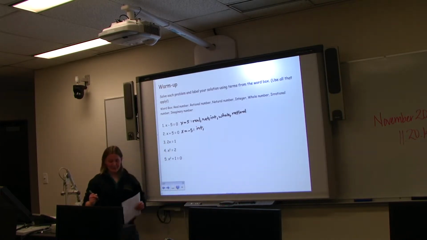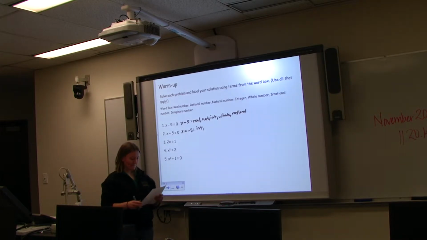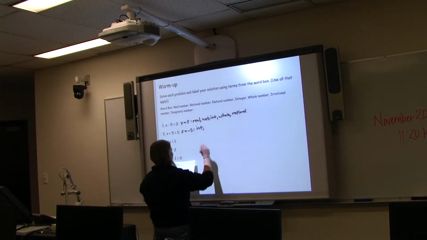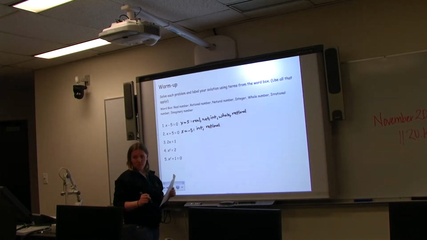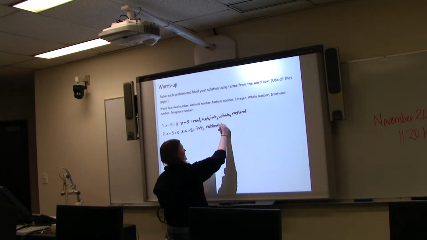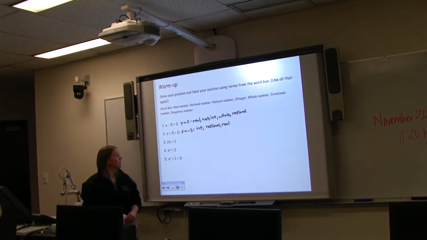Anything else? Whole number. It's actually not a whole number, we'll talk about that. All right, let's try rational. Anything else? Forgot real, but that's okay, we'll get to that.